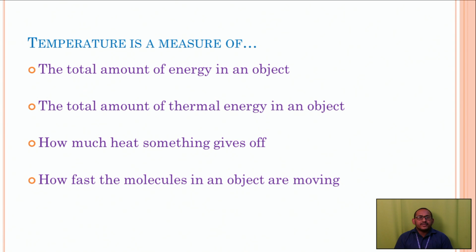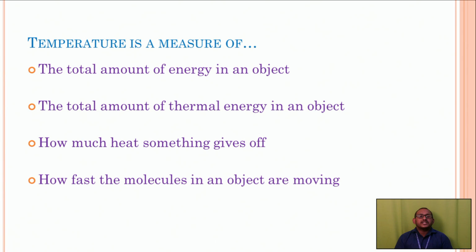Before going to the methods of temperature measurement, first we have to know what temperature is. Temperature is a measure of the total amount of energy in an object. Otherwise, temperature is a measure of the total amount of thermal energy in an object.